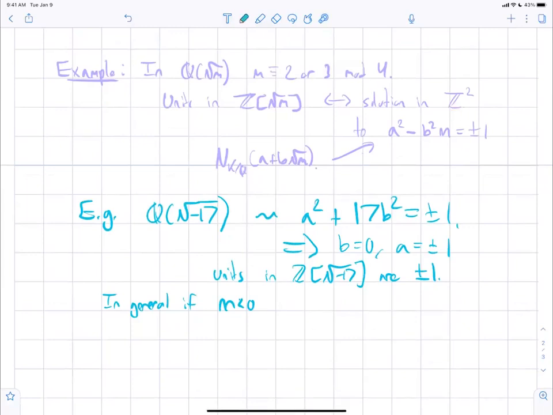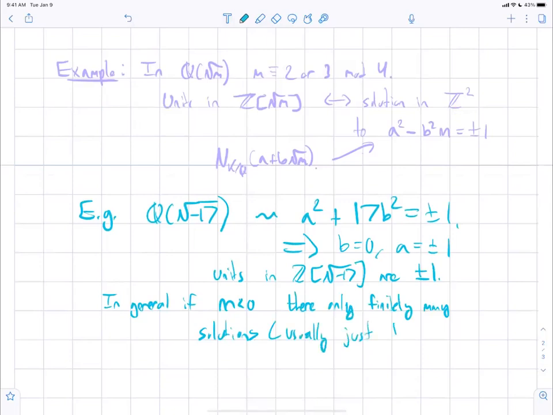But anyway, if m is less than 0, there are only finitely many solutions to this equation, and usually just plus or minus 1.